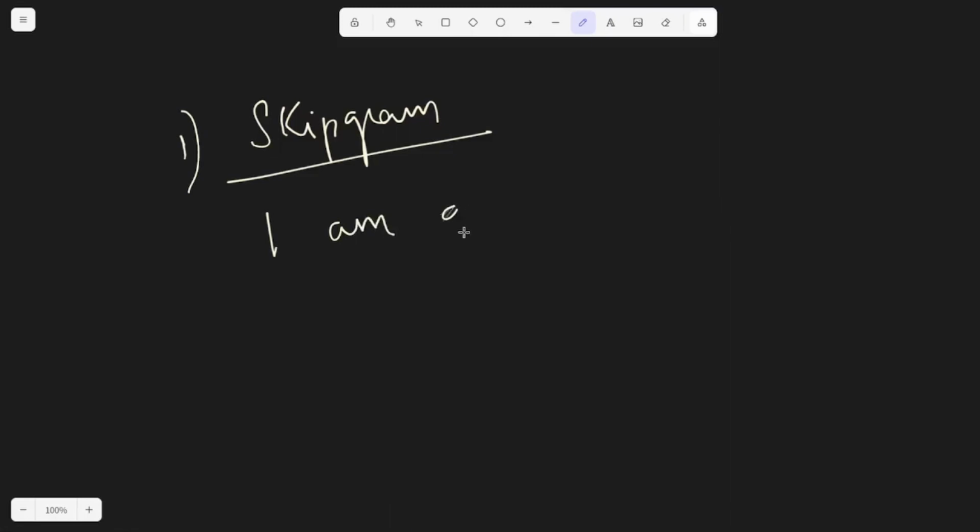So for the skipgram technique, let's start off by understanding it through an example. Let's pick an example like "I am good to be true." Let's say this is one of the sentences that we have in our corpus, and we want to train our neural network to understand the sentence and to make sense out of it and give us embeddings.